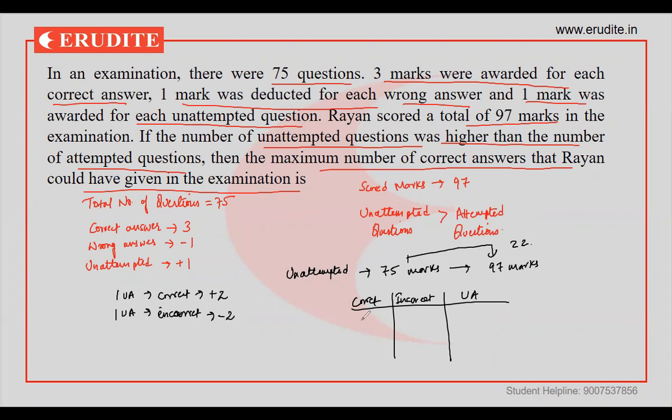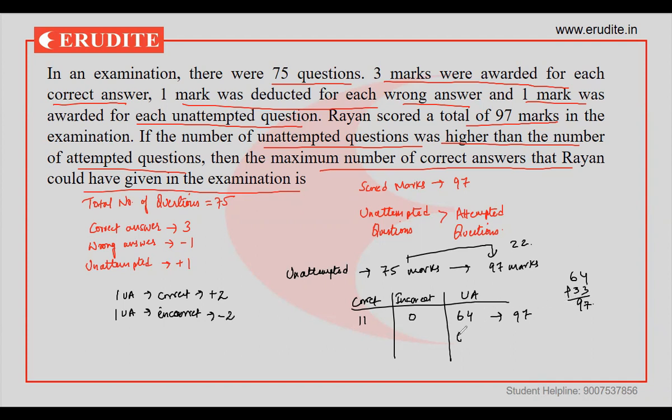So out of 75, if I'm giving 11 correct questions, and here remaining how much? 64. Incorrect question is 0. Let's say this is one way to get the 97 marks. Just check it. For 64 unattempted, he will get 64 marks. For 11 correct answers, for each one he is getting 3 marks. So getting is 33 marks. That is 97. Right.